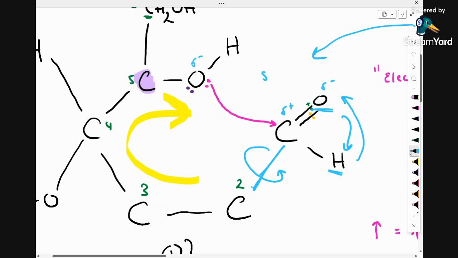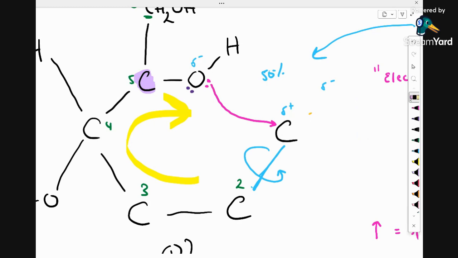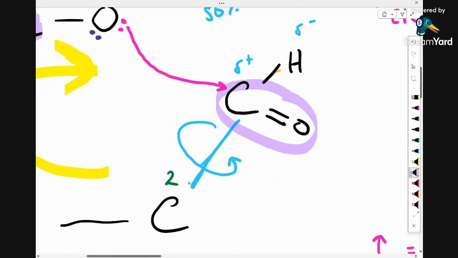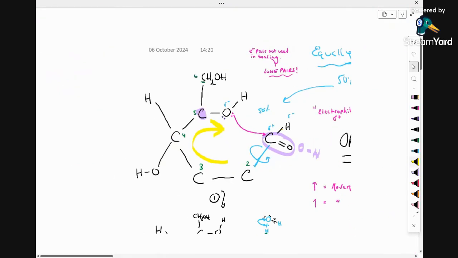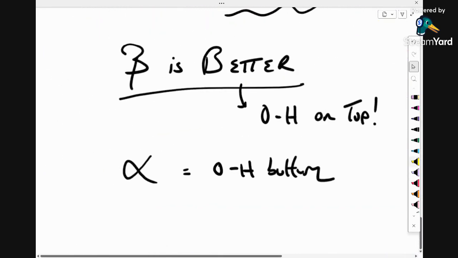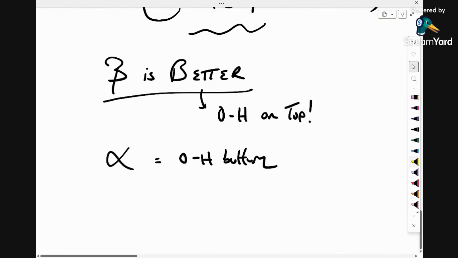Again, 50% of the time, you expect to attack this lone pair on the oxygen. You expect to attack it when it's in this form. 50% of the time, I can get rid of this now, you anticipate that the double bond O is going to be like that. And don't forget, this is what's going to give rise to your hydroxyl group, OH. So beta is better and alpha is not.